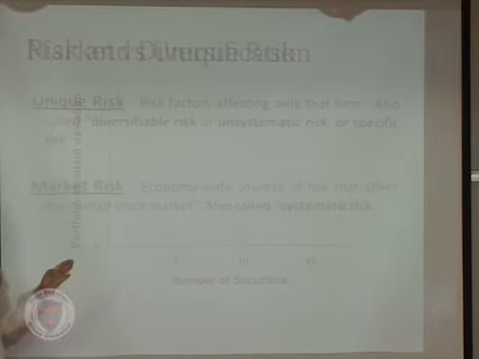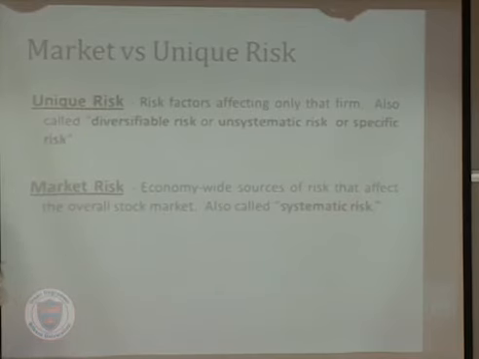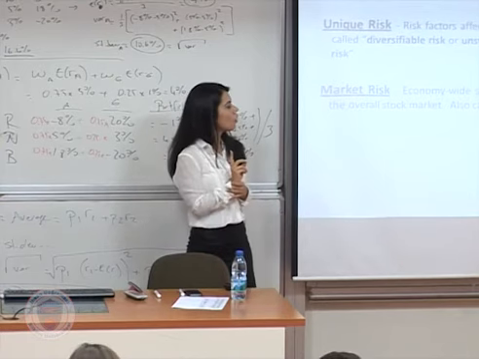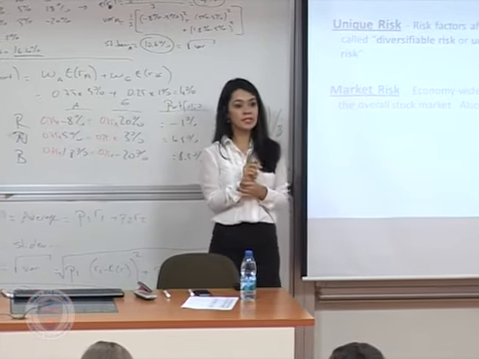And actually, this gives us a difference between two risks. One is unique risk and the other is market risk. So what is unique risk? It's the risk that affects only one firm. Unique risk is also called diversifiable risk or unsystematic risk.